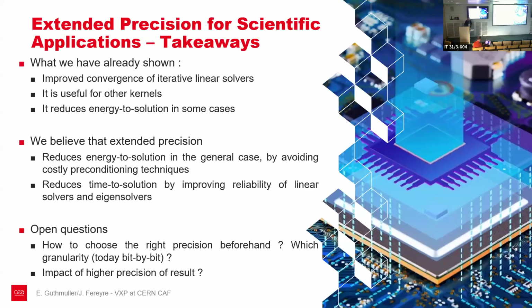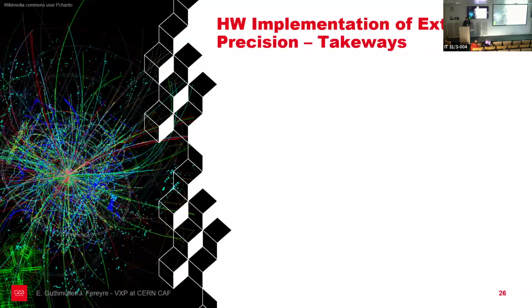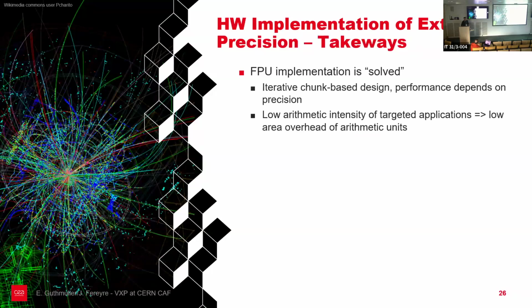Also, we don't know the impact of higher precision of results. As I said earlier, it does not have any physical meaning, but maybe it can still be useful. On the hardware side, we have demonstrated our FPU implementation, so we consider it solved.